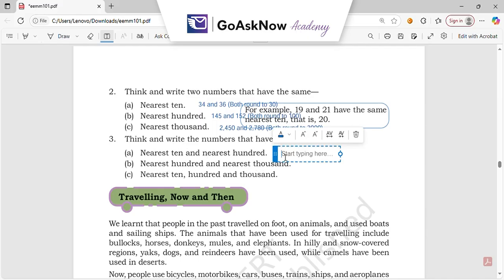For example, we are taking 149 and 151, which both round to 150 for nearest 10 and 150 for nearest 100.